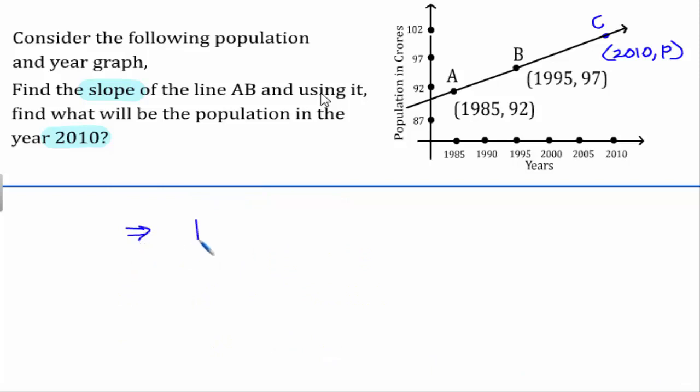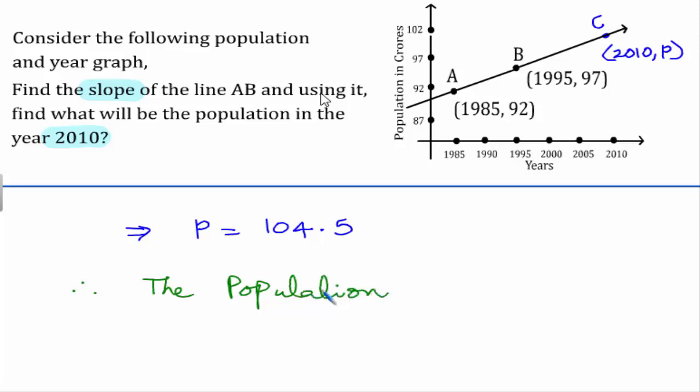Then P is equal to 104.5. So what can we say now? The population in 2010 will be 104.5 crores, because the population is given in crores.